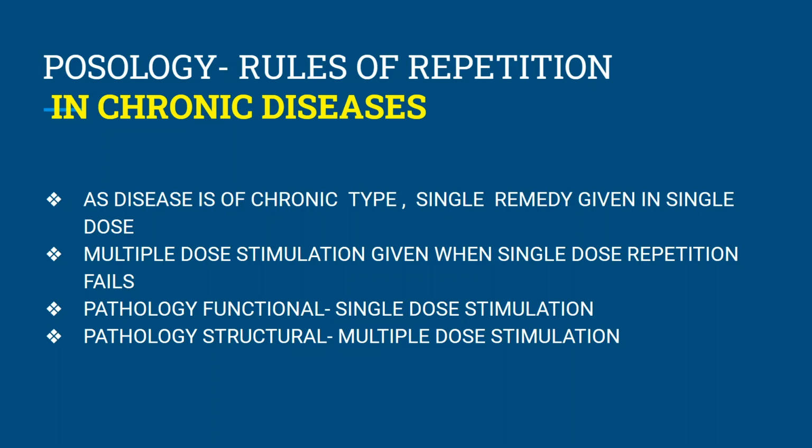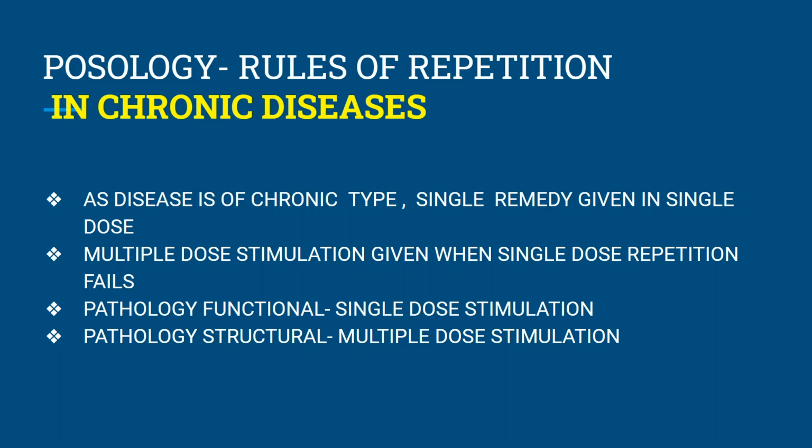Multiple dose stimulation is given when single dose repetition fails. So, in the functional pathology, usually we have to administer single dose stimulations, and in the structural pathology, multiple dose stimulation is very important to give the results.